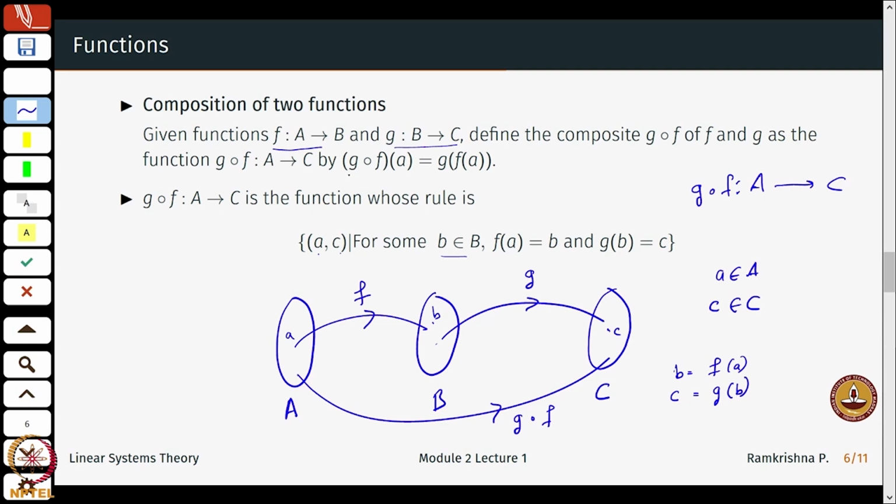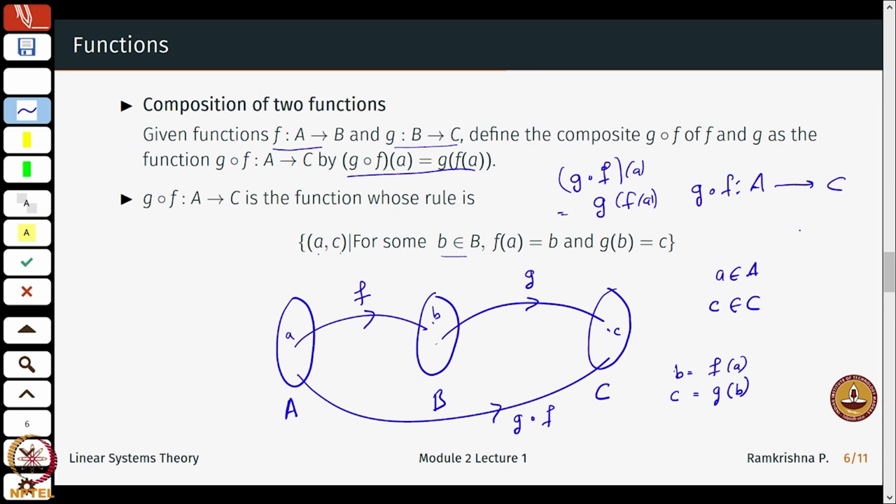So this is now the rule. So f composed with g of a, I can write simply as g of f of a.